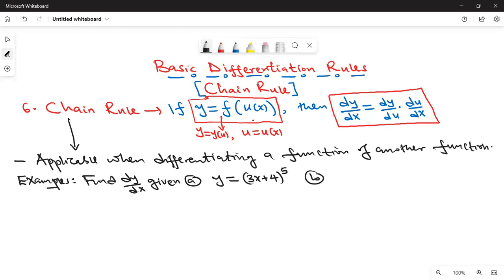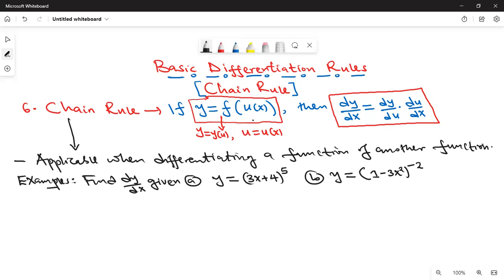In part B, y is equal to 1 minus 3x squared, raised to negative 2.